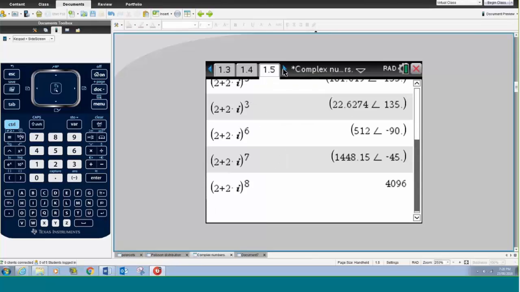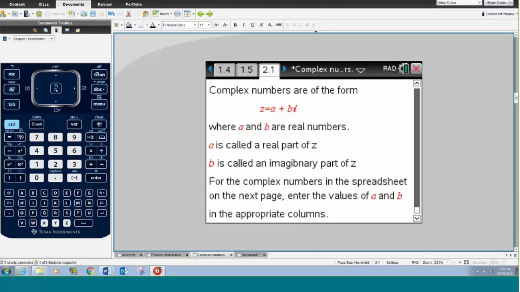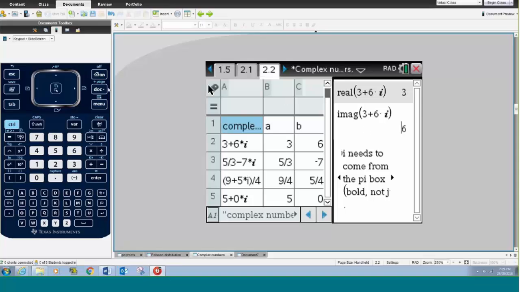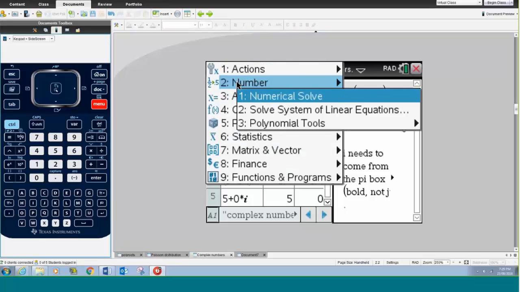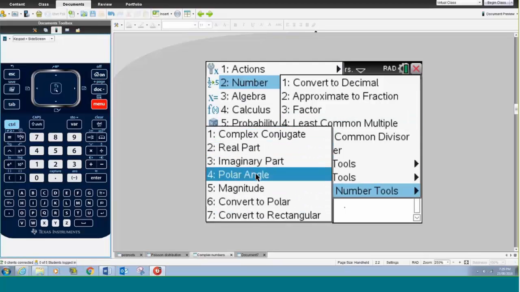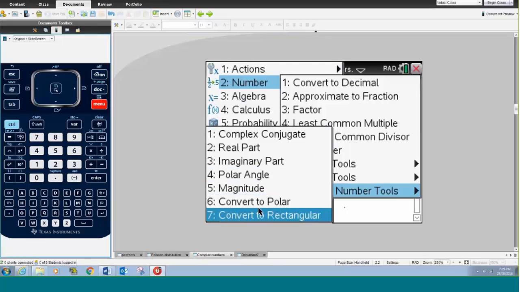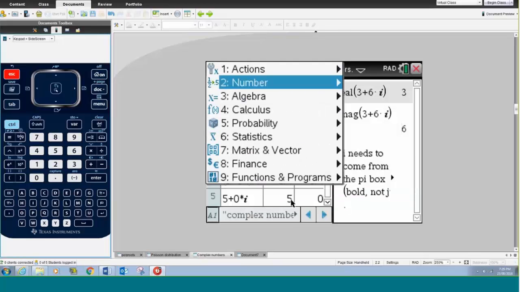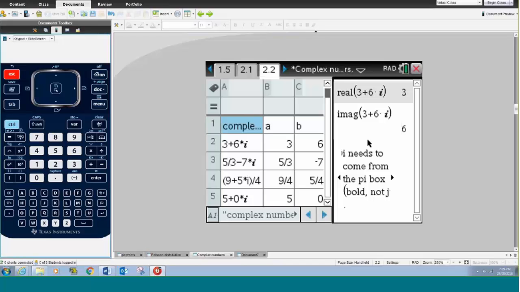Some other things we can do: we can find real and imaginary parts. If we go to number and complex number tools, we have complex conjugate, real part, imaginary part, polar, angle, and magnitude, and that's the way to convert between the forms, not just changing the settings. So these are a few other options. That's what I did here, a little spreadsheet where the students can fill in real, imaginary, and find what they are as initial activities.